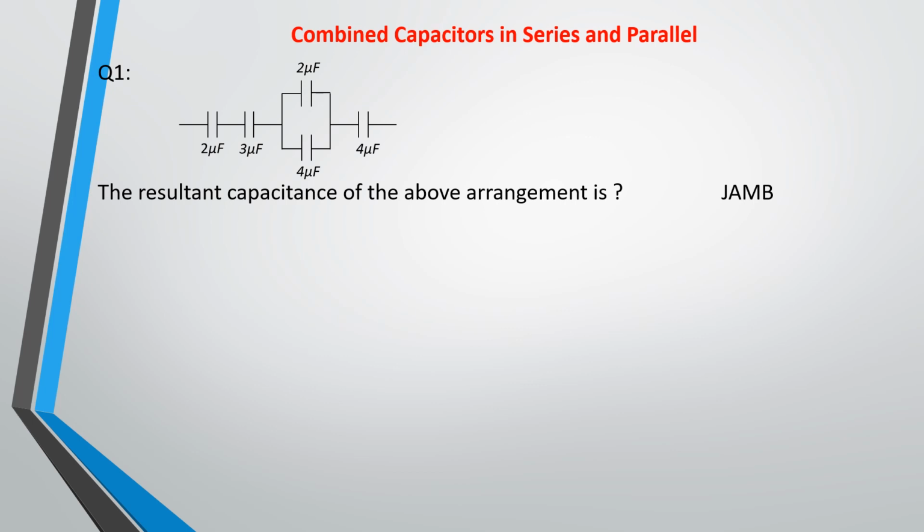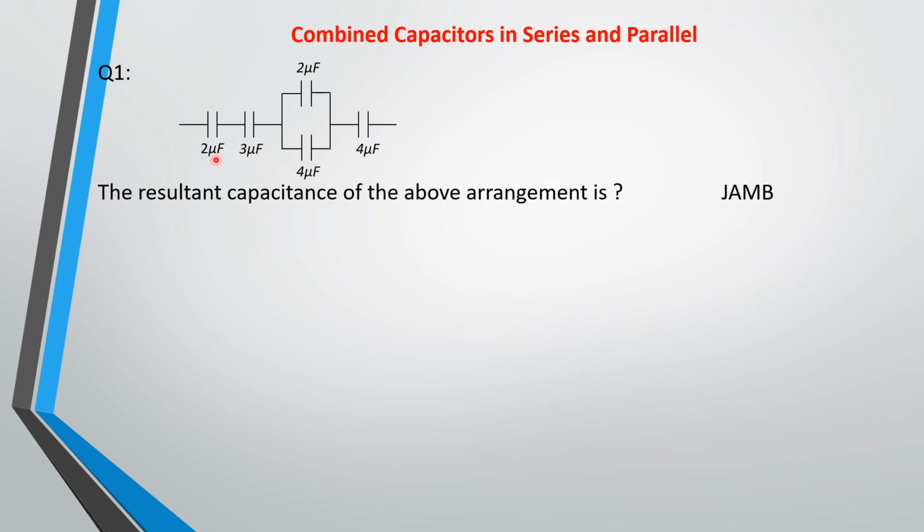For this particular question, find the resultant capacitance of the above arrangement. This is a JAM question. If you look at this arrangement, you will see that some capacitors are in series while others are in parallel.